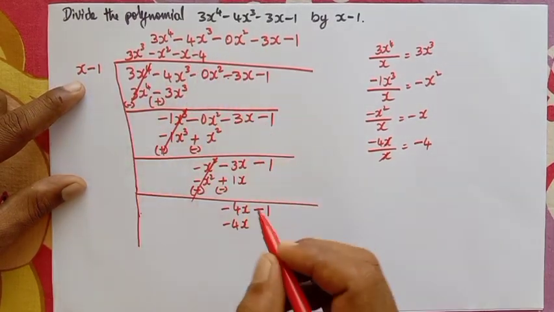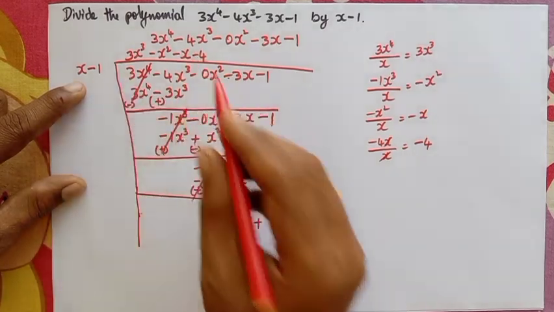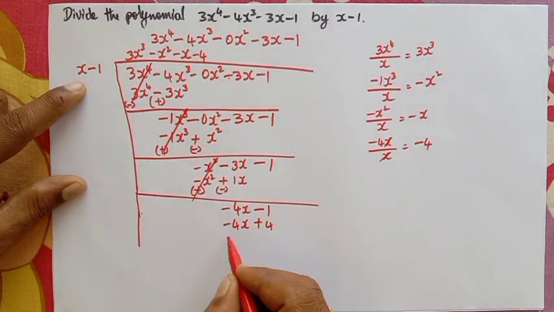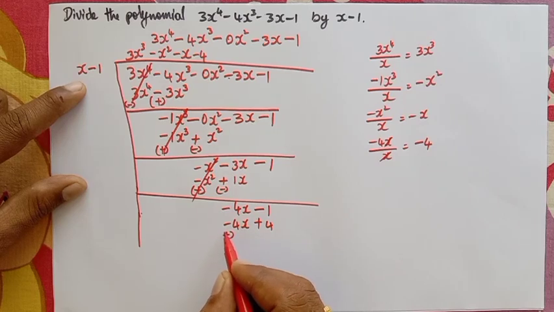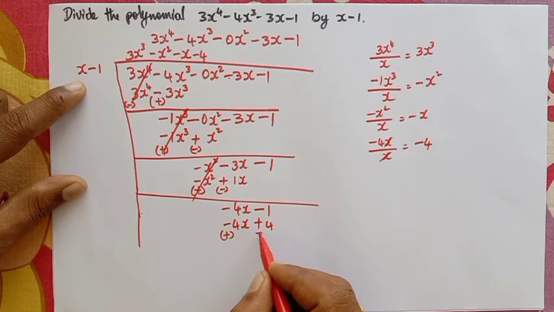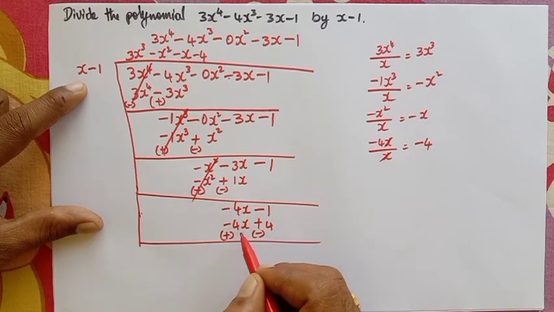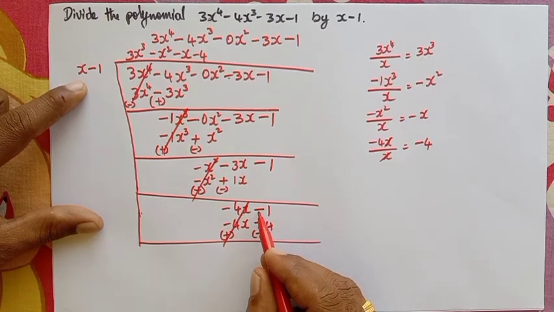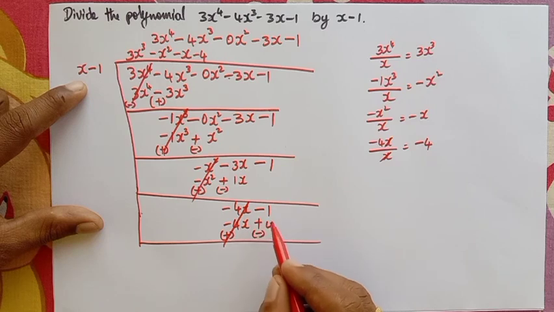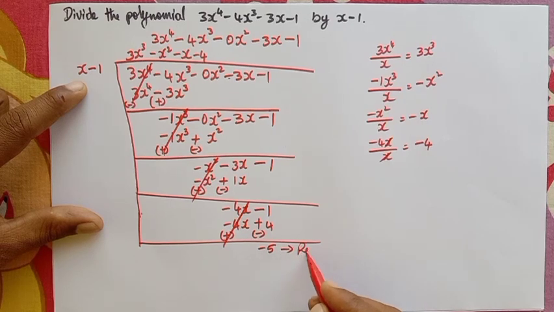Minus into minus is plus, 1 4s are 4. Here minus sign is there, we will put plus. Here plus sign is there, we will put minus. So minus 4x plus 4x cancels. Here also minus, here also minus. So we should add 4 plus 1 is 5 with the negative sign. This is the remainder.